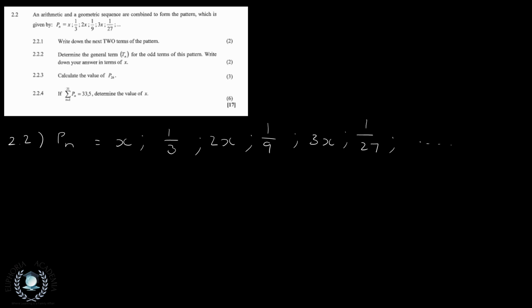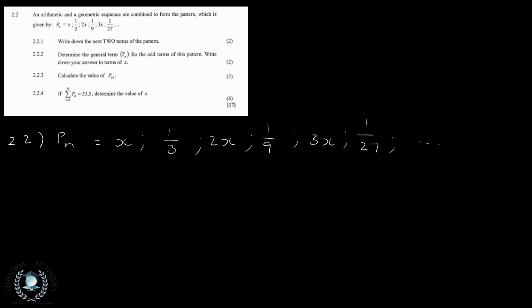All right, so we're told that there's a combination of an arithmetic as well as a geometric sequence. Now for the arithmetic, we know that through every term there's a common difference of d. Let us try and find that in what we have here.